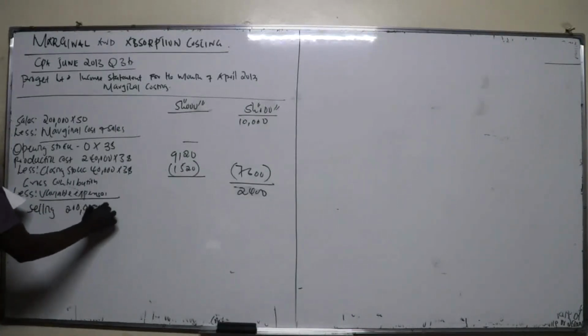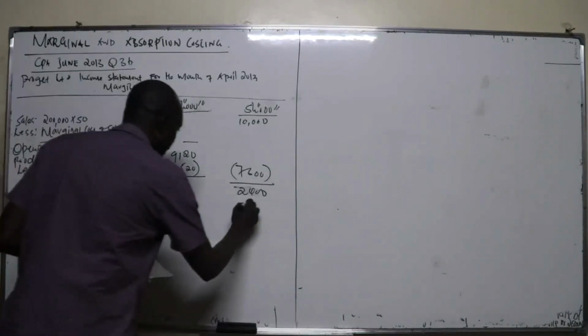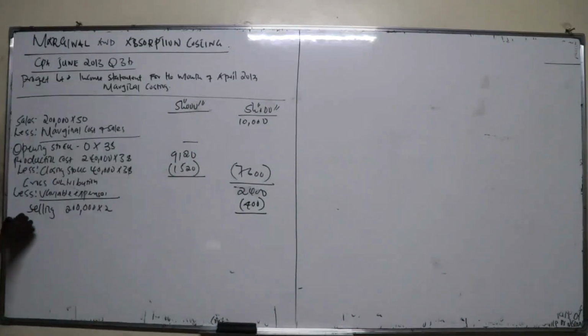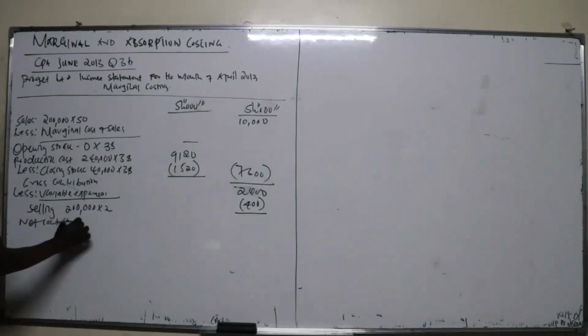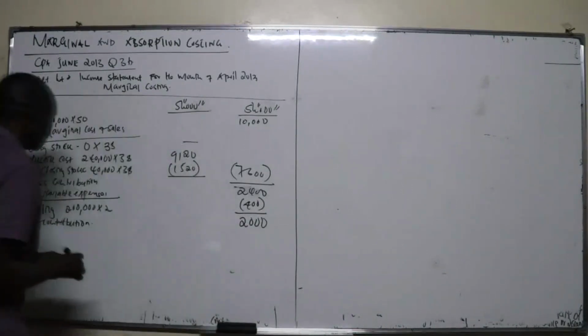You multiply by 2, which is 400. So here you get what we call net contribution. Net contribution will be 2,000.